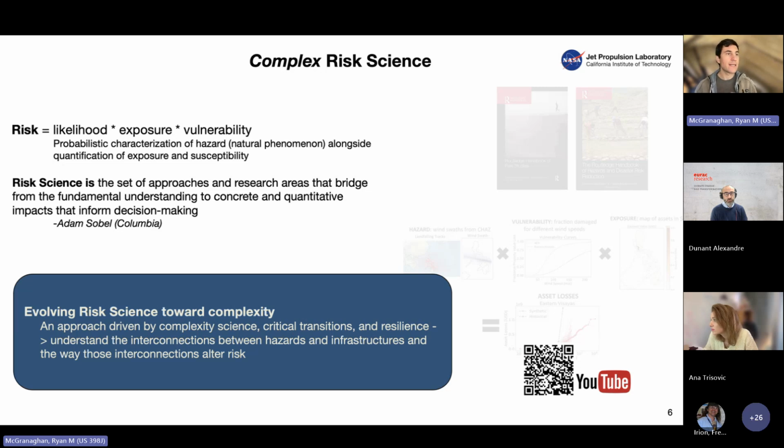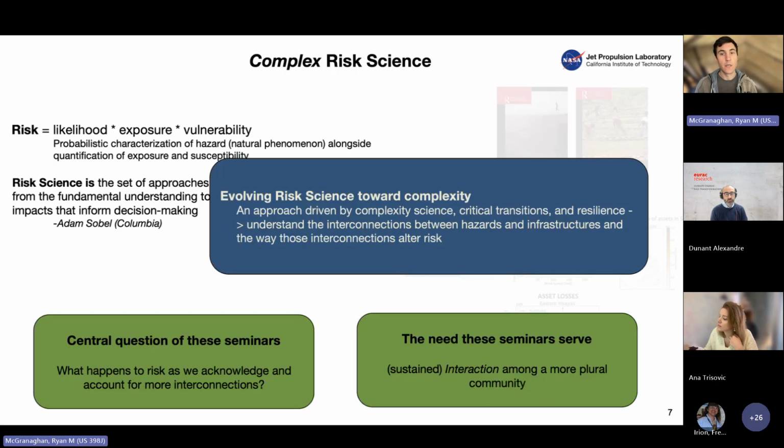This requires understanding the interconnections between hazards and infrastructures and populations, and the way that those interconnections change the way that we understand risk, the way that we map it, and can try to prevent and prepare and generate preparedness for that. So in this process, the central question we're trying to understand is how risk changes when we acknowledge and begin to account for more of those interconnections, and acknowledge the uncertainties that exist within those as well.